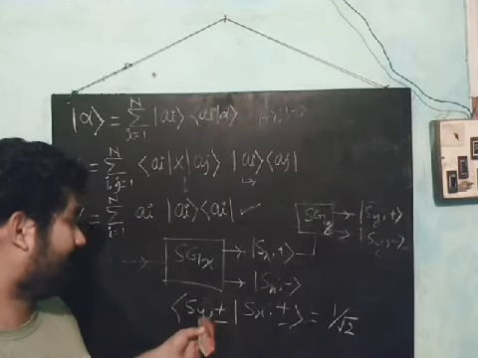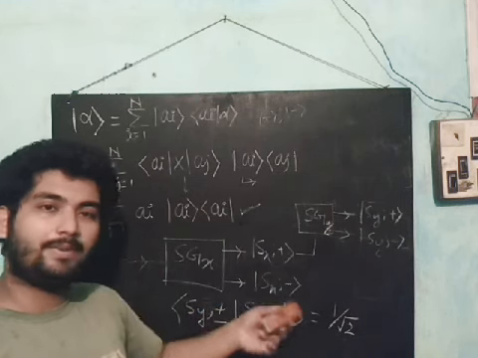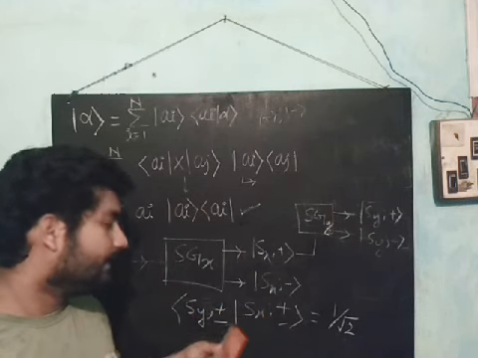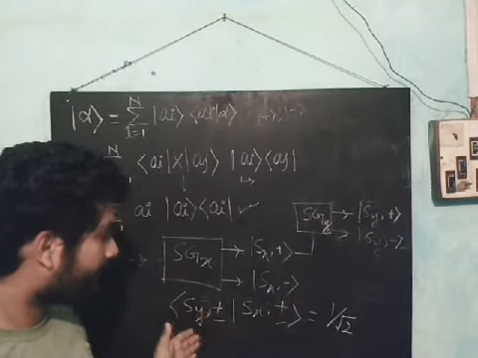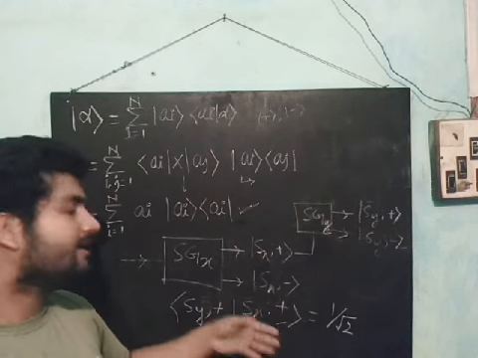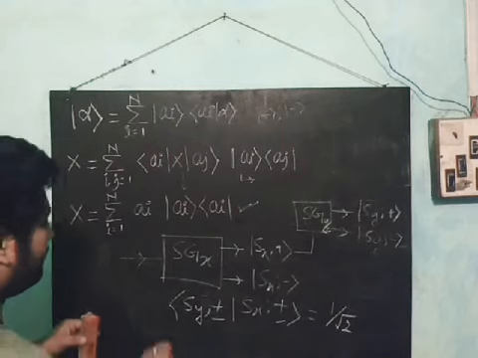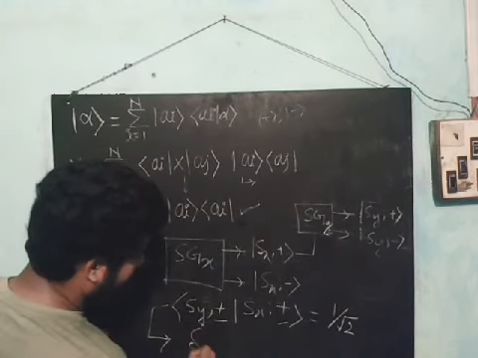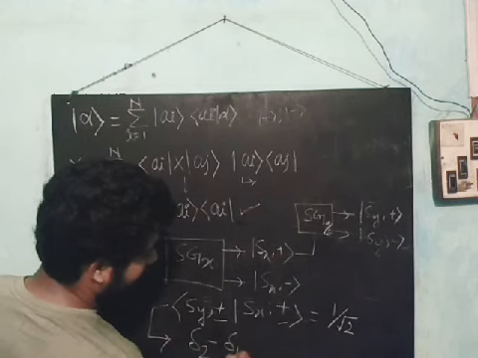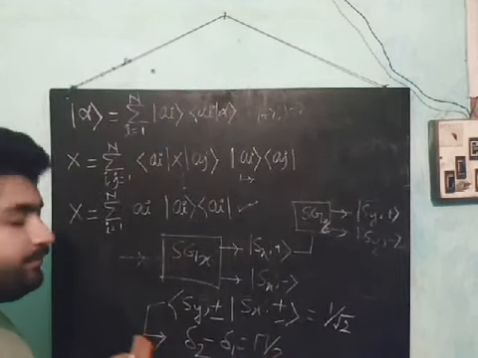If you put Sy positive or negative and Sx positive and negative into the equations that I just derived, you can derive the value of delta 1 and delta 2. The value will be that delta 2 minus delta 1 will be pi by 2.